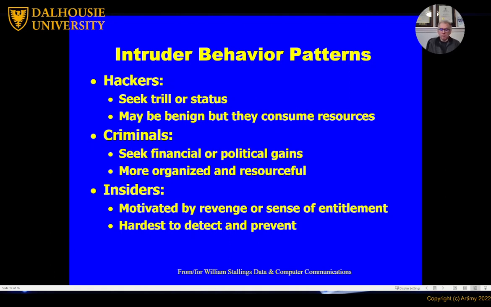That is not ethical and is considered criminal or illegal behavior, because you're not supposed to disclose information from one company to another. Sometimes an employee feels like they were terminated unfairly, so they go and seek revenge by disrupting the work of the company that they just left. These are the hardest to detect because they are insiders. They work from the inside, right? So they're not coming from the outside.